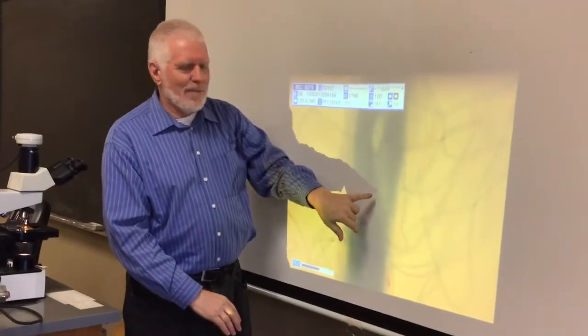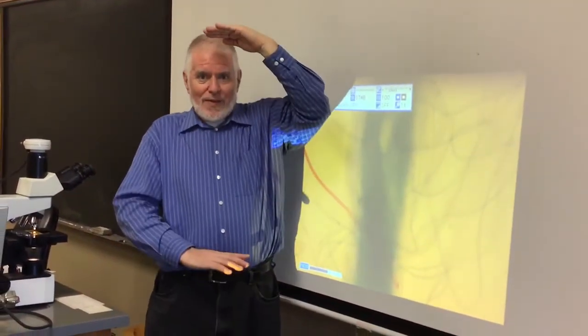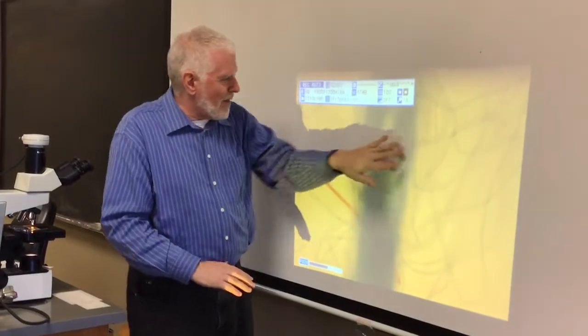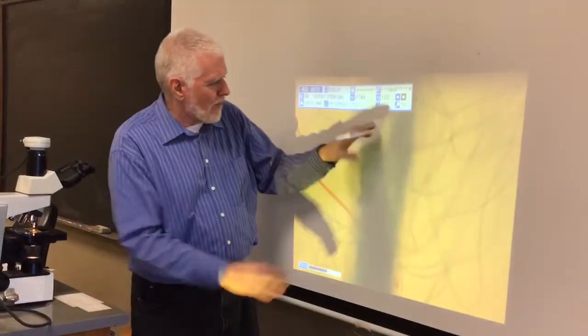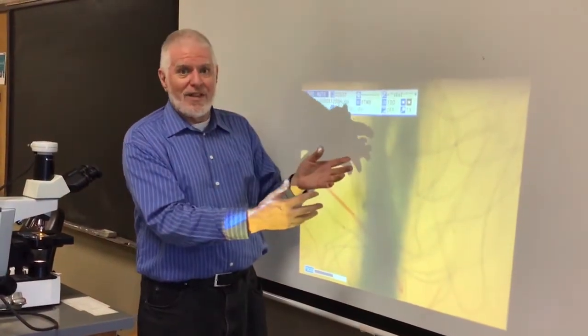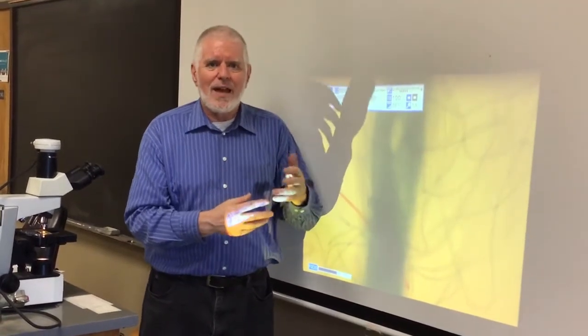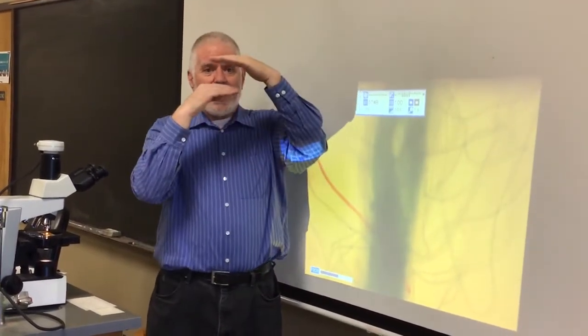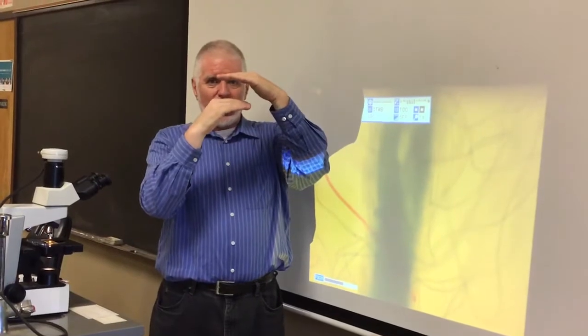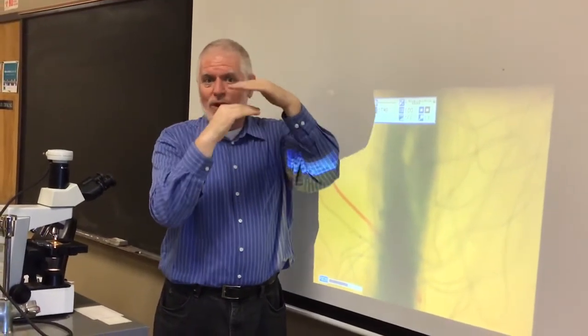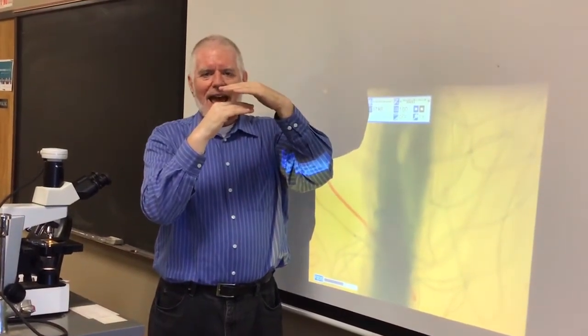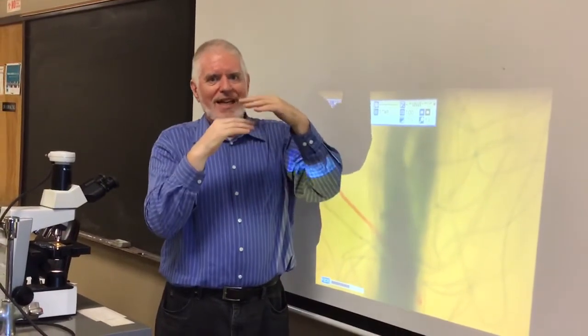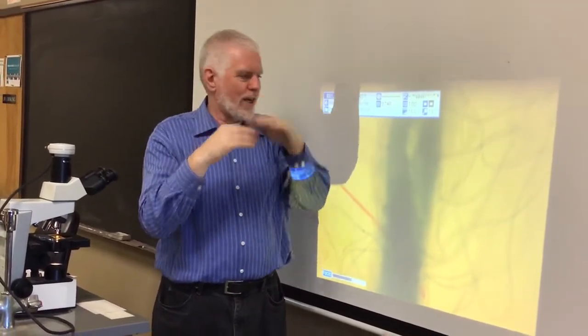Now that we're at middle power, we're only looking at about this much, which means some of these edges and some of these threads are in focus, but the whole thread, which is pretty thick, is fuzzing out. At high power, you get a very narrow field of view. On some things it's only 1 cell height. And so focusing at high power can be really, really tricky.